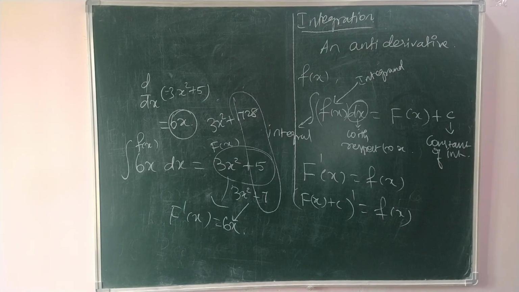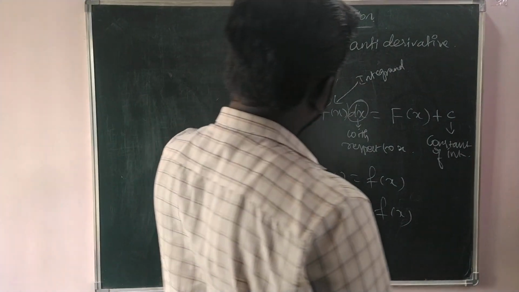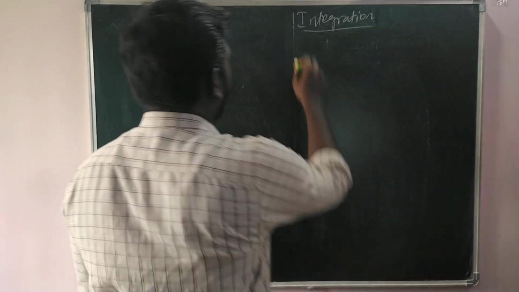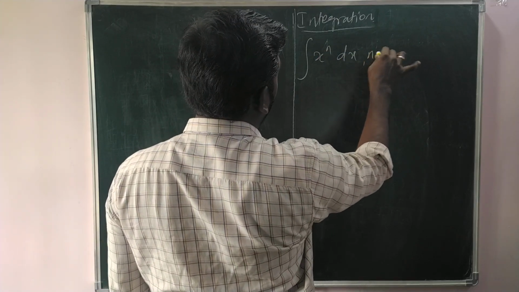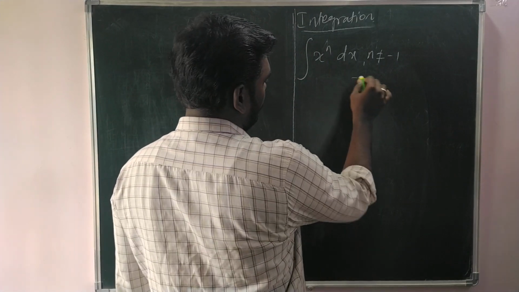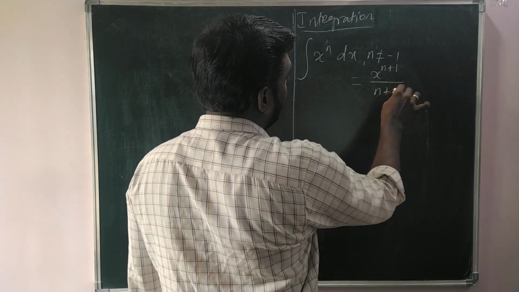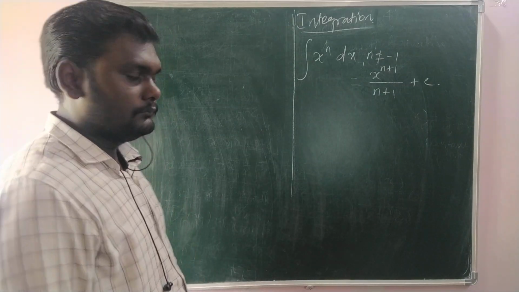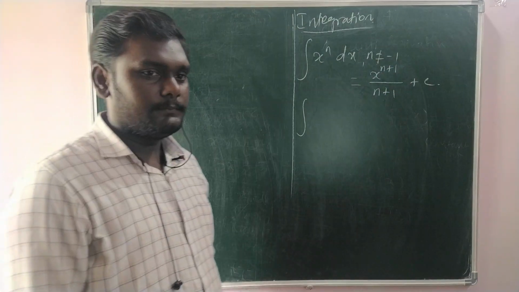Shall I erase everything? So the first formula: integral of x power n dx, provided that n is not equal to minus 1, is x power n plus 1 by n plus 1, plus c. And suppose I said n should not be minus 1. What if n is minus 1?